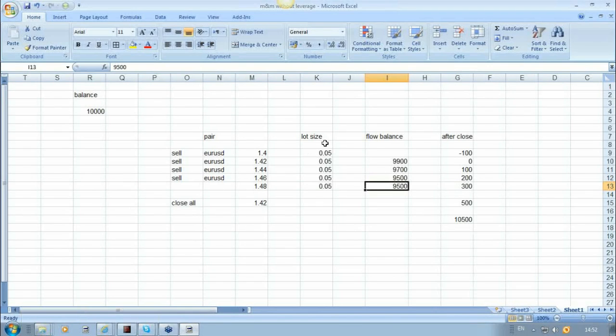So when the circle happens, I choose to close all on 142, and that's the balance, the profit and loss after the close, and I am 5% up on this trade after a long period, of course. I mean, oh sorry, it's not circle.